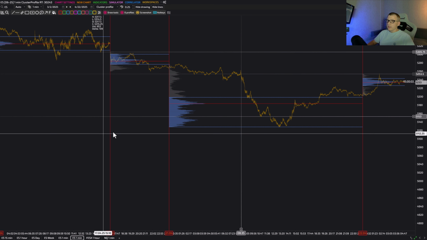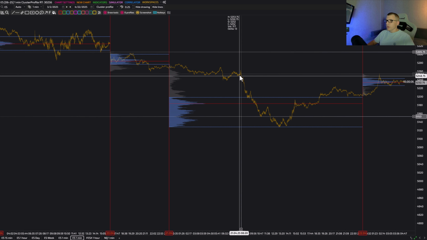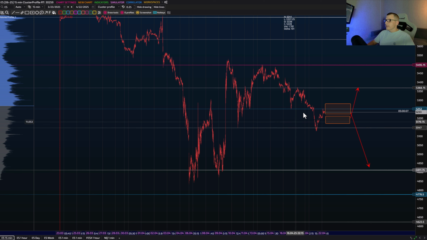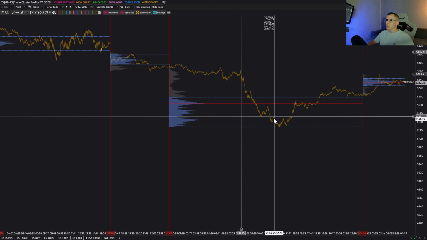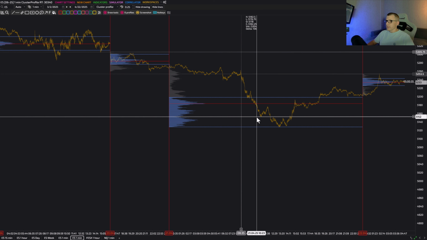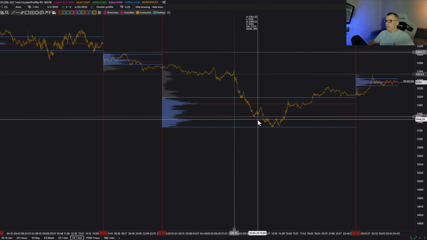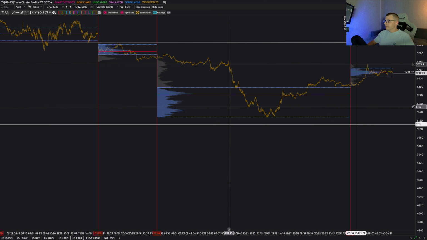But in this case, I understood that the price could easily move up to this level where we saw the last buyer's activation. And then it can bounce up again. And this is exactly what happened. So this is the level where my take profit was. All right? This is it.